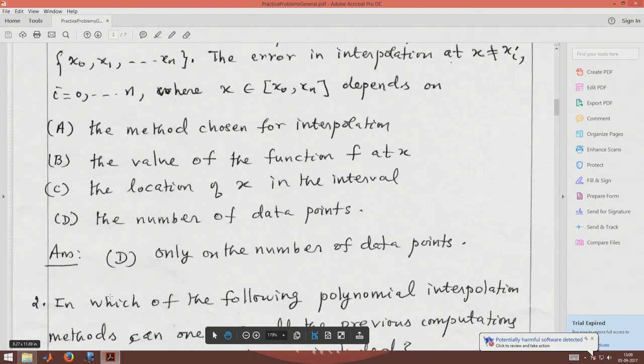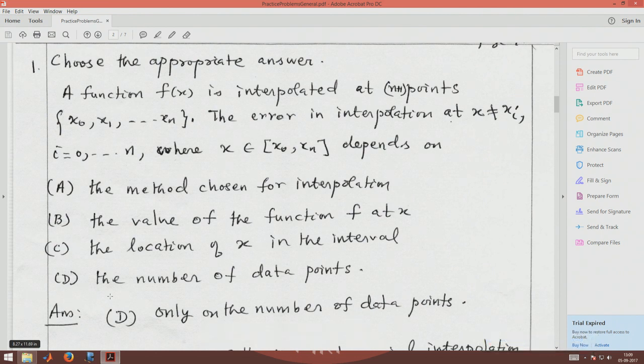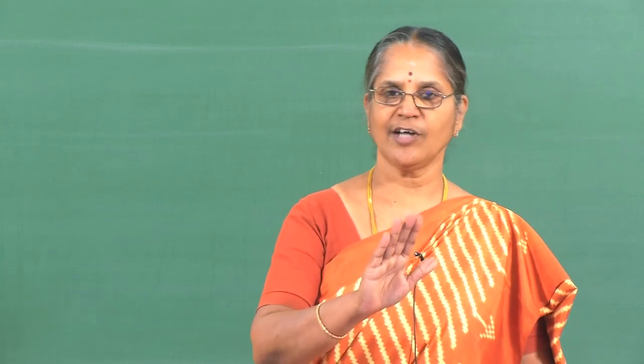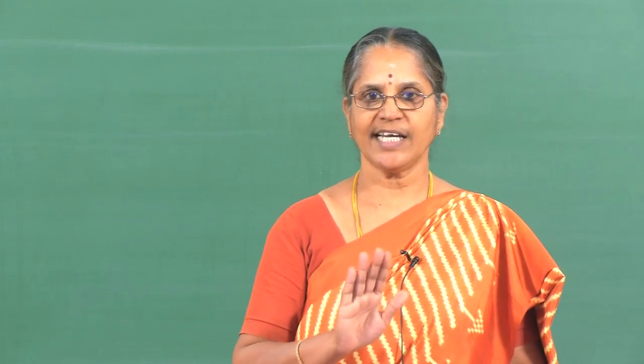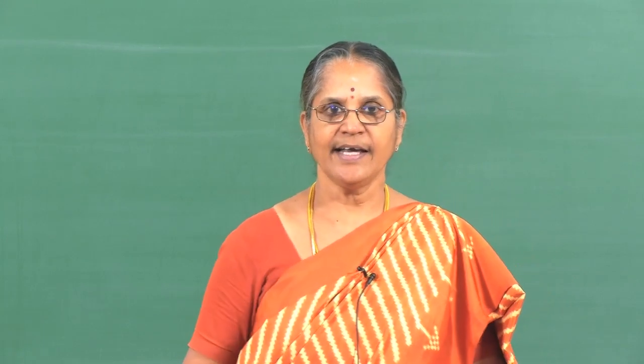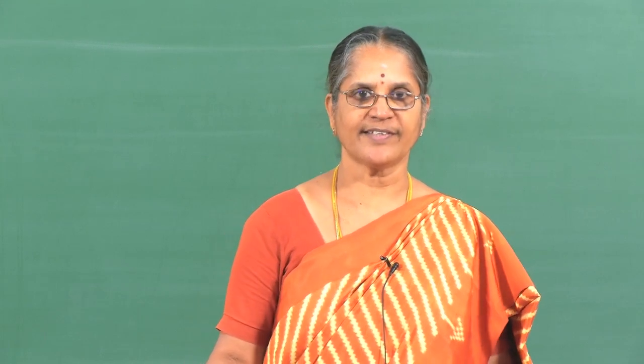You are given a function f of x interpolated at n plus 1 points x naught to xn. The error in interpolation at any point x which does not coincide with any of the xi depends on what is the question.